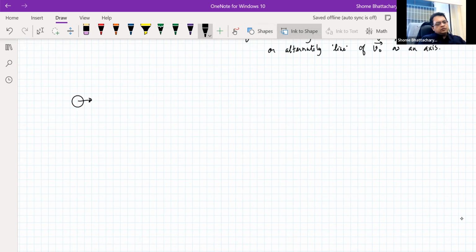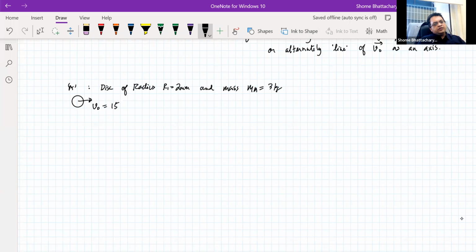We have this body A, which is a disk of radius 2 millimeters, and mass equal to, let us say, 3 kilograms, moving with a velocity of 15 centimeters per second, like this.